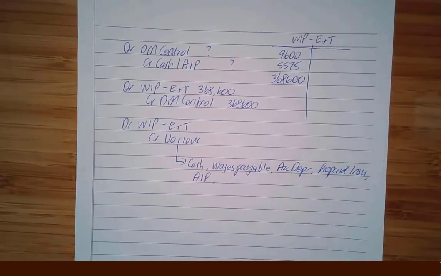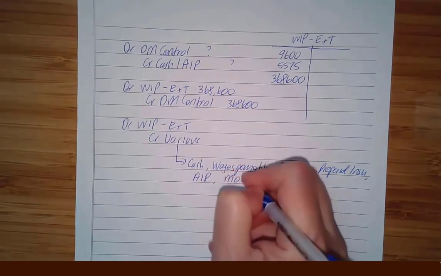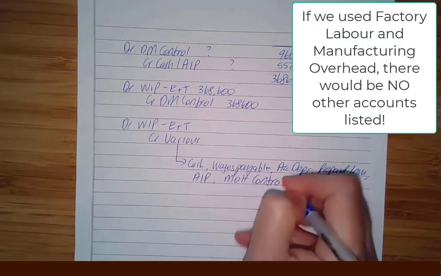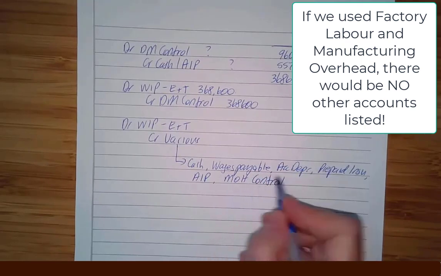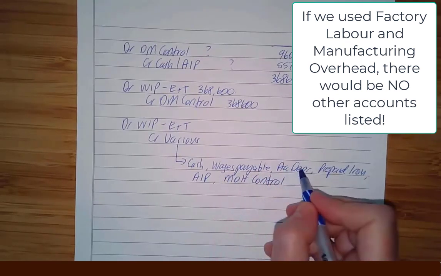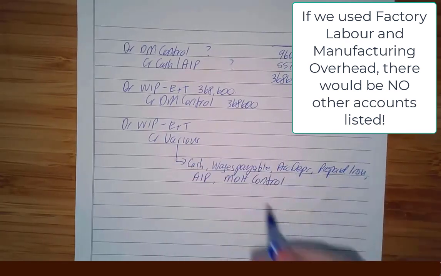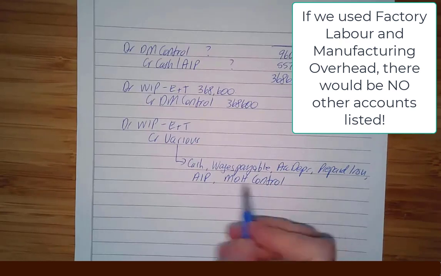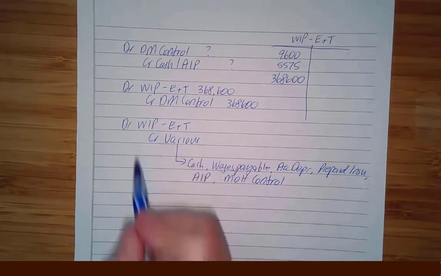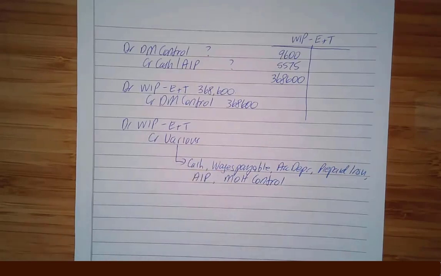Or it could be, if I'm using manufacturing overhead control, if I had a manufacturing overhead control account, then I wouldn't use accumulated depreciation, prepaid insurance, accounts payable, because those costs would go directly into manufacturing overhead control and then come out of manufacturing overhead control and go into the work in progress. What is the total amount of this? Well, we know that from our sheet.